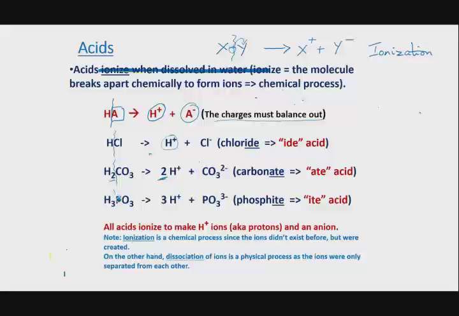H3PO3 initially has three hydrogens in the molecule, so it will create three H+ ions, and the rest of the molecule again is the anion, phosphite, again from the polyatomic table. Now please notice that since you're starting with a neutral molecule, after ionization, the total number of plus and minus charges must be equal, and that should always be the case.